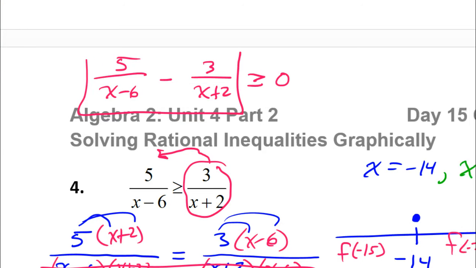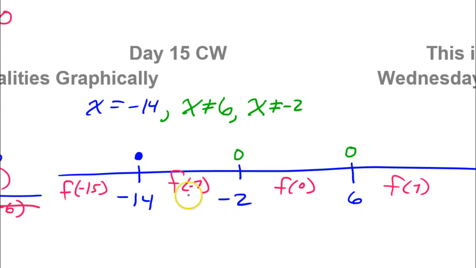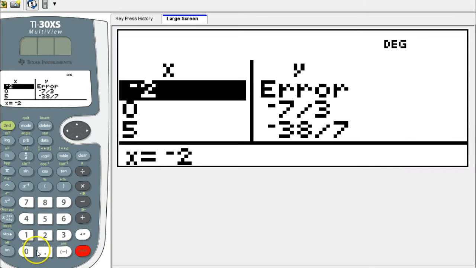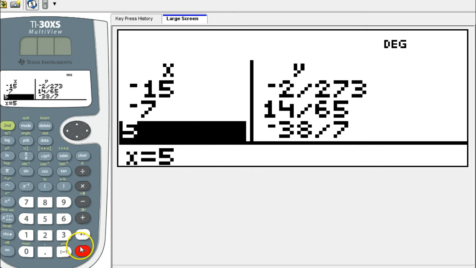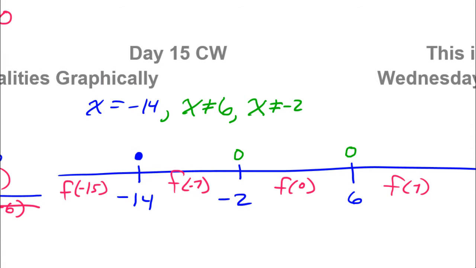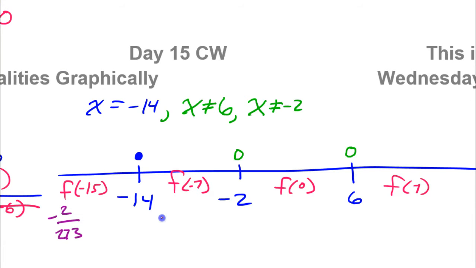Now I'm going to test these 4 values, starting with negative 15 and negative 7. I've got negative 2 over 273, and I've got 14 over 65.